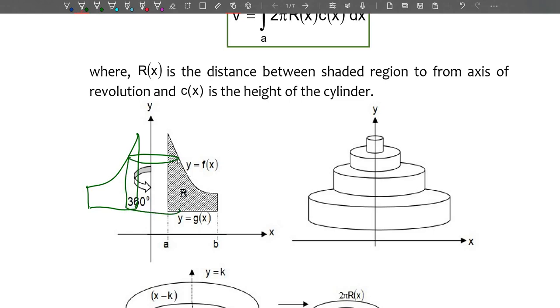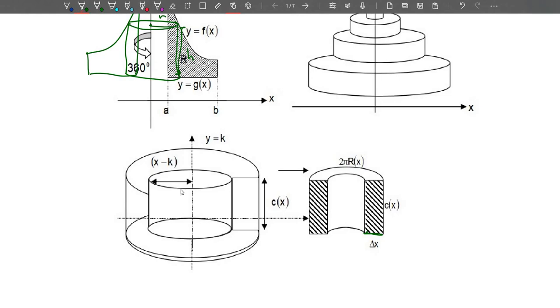This is R, the radius of the cylinder, and this is the height, which remains c(x) here. 2 pi r will be the circumference. Circumference times the height would be the surface area for the lateral side of a cylinder. This would be the accumulation of all the cylinders in this diagram.